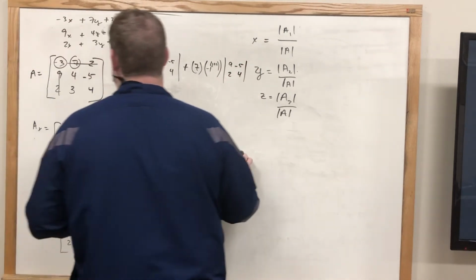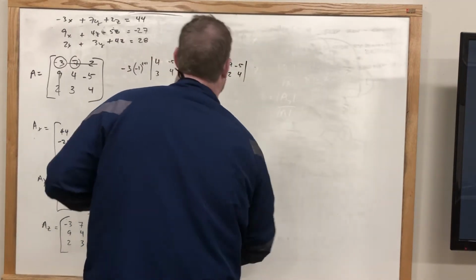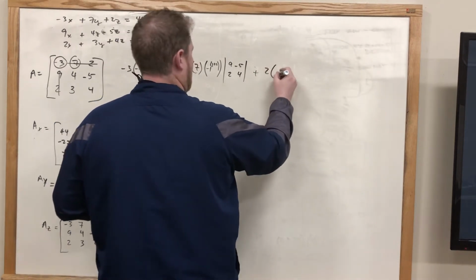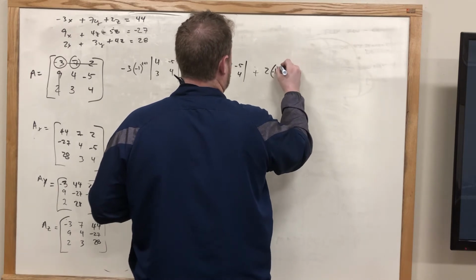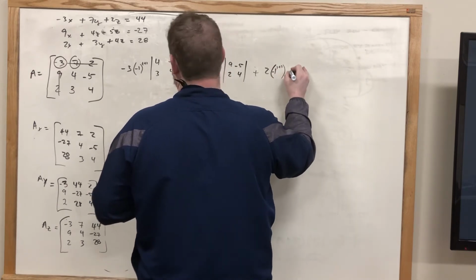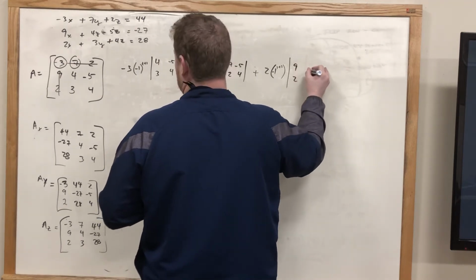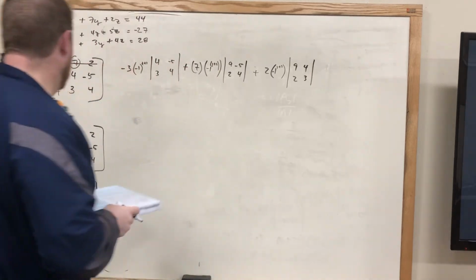And the next one, plus 2, 1, negative 1 to the 1 plus 3 power, and that's going to leave me 9, 2, 4, 3. So there's our initial problem.